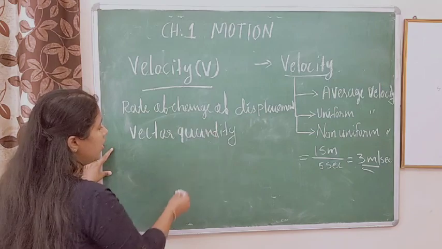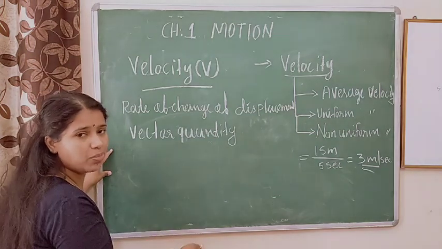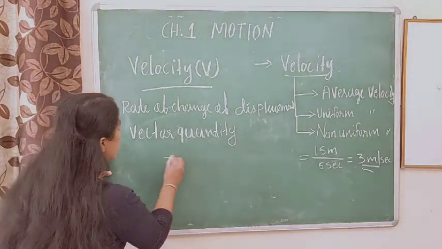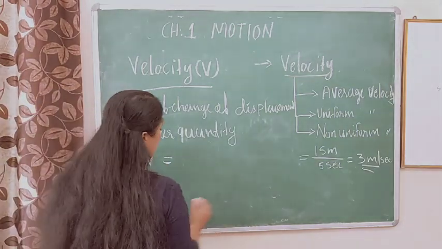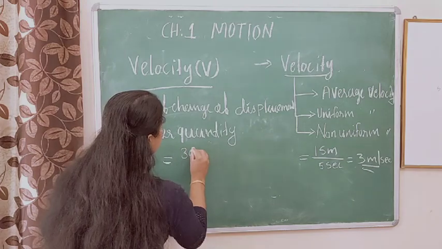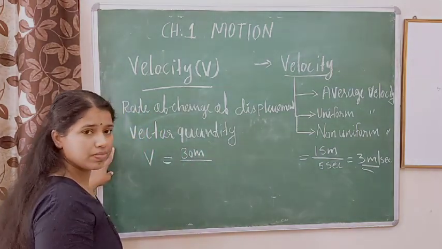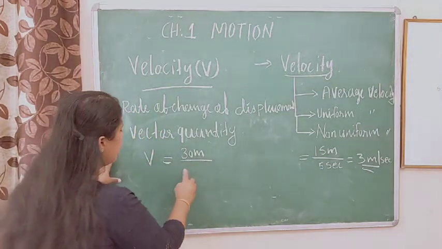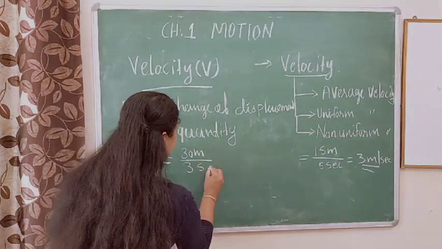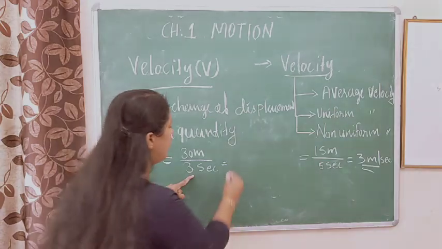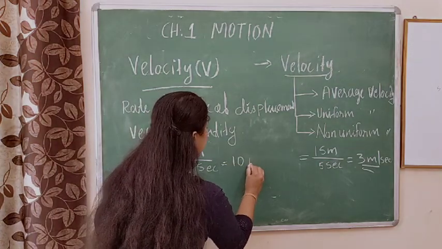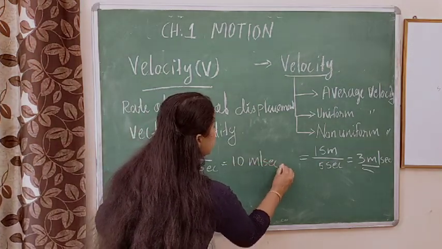For example, distance, otherwise displacement. We can write velocity v is equal to distance, maybe it is 30 meter. Then time we can take 3 seconds. 30 by 3, 10 meter per second.